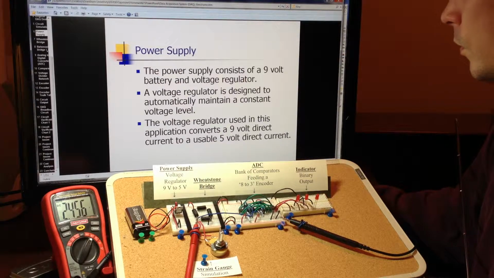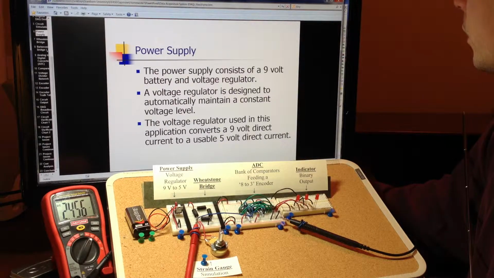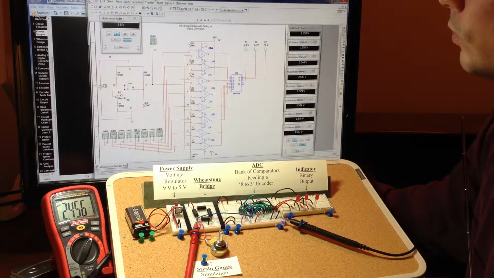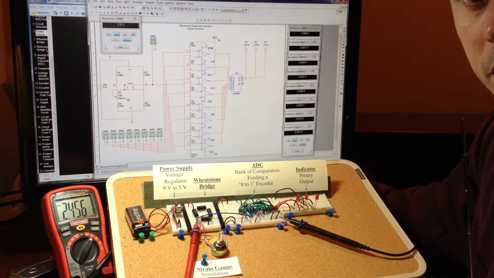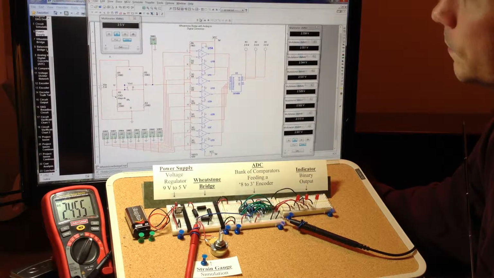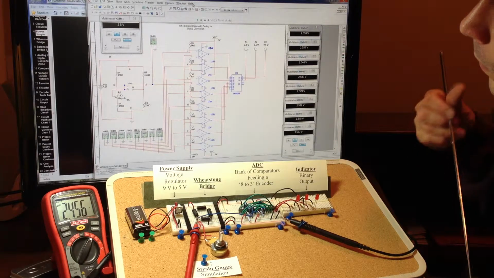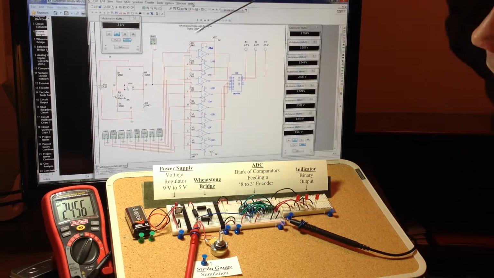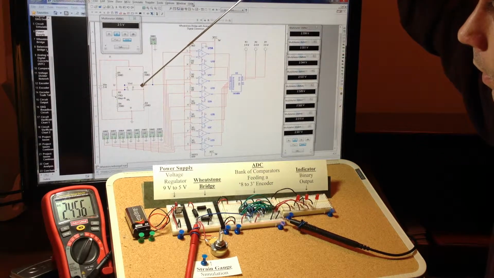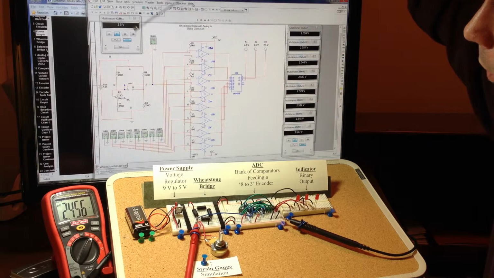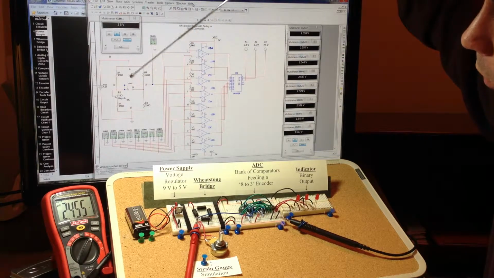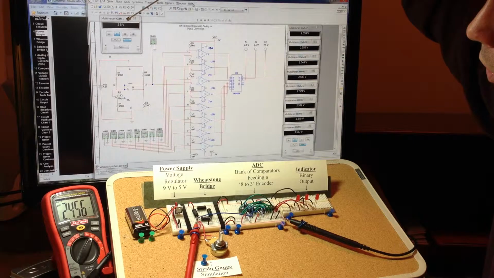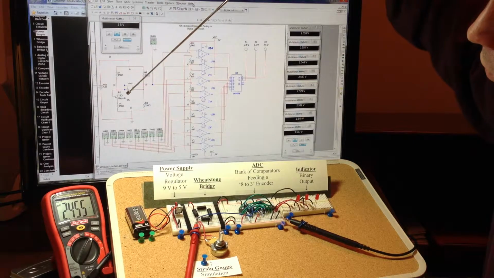Before I go on to the description of the different modules within the circuit, I will go ahead and run the circuit simulation software. I am going to read a voltage off of my Wheatstone bridge. As I change the potentiometer, the voltage will increase.